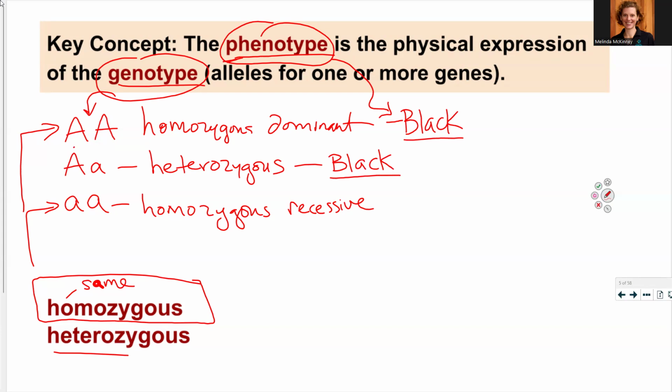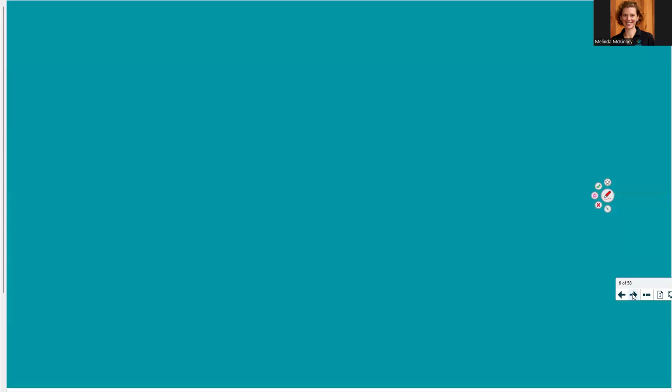The genotype is different in this case. So homozygous dominant and heterozygous both have the dominant phenotype. In this last case for recessive, going with our last example, that would be the white fur. So the white fur is corresponding to only one genotype, in this case, homozygous recessive. All right, that's it for the first video.